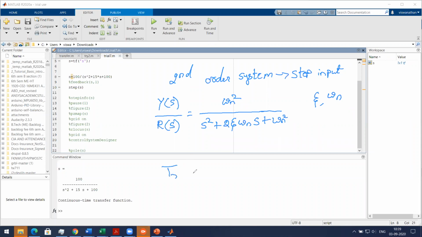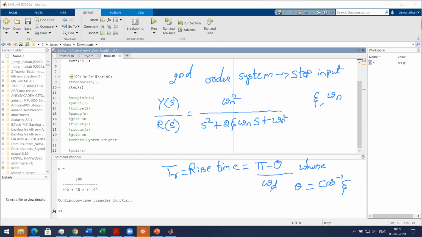TR is the rise time, which is equal to pi minus theta divided by omega d, where theta is cos inverse of zeta. So this is pi minus theta divided by omega d.